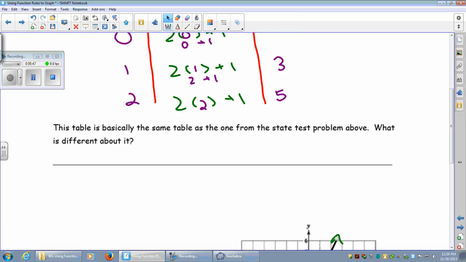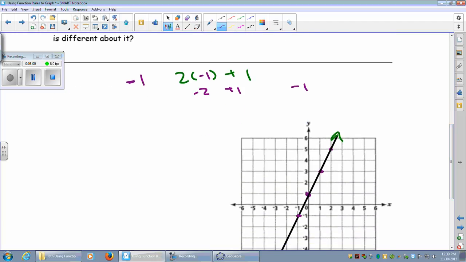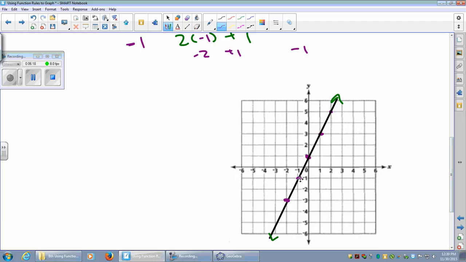So up in my table, if I used -1, and I filled it out just like I did before, 2 parentheses plus 1, and I put in -1, what is 2 times -1? -2 plus 1 is -1. If I look down at my line right now, see how it says (-1, -1)? What do you think would happen if I were to plug in -2 into that equation? Well, hopefully you saw that it's just what's right there. It would be -3.